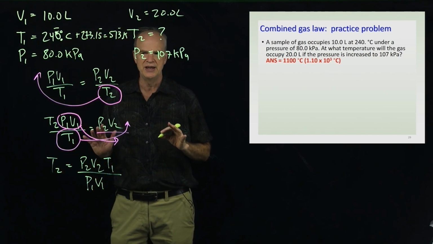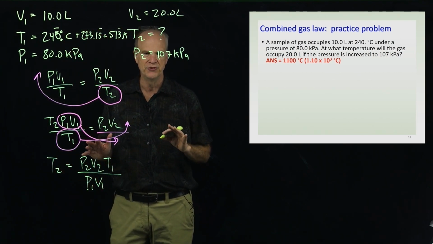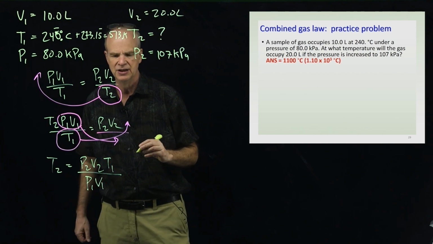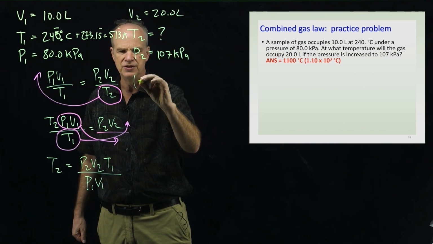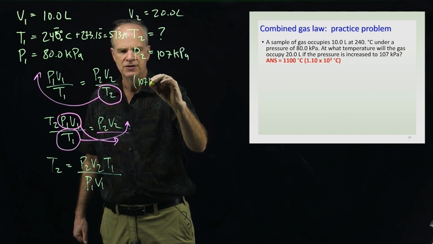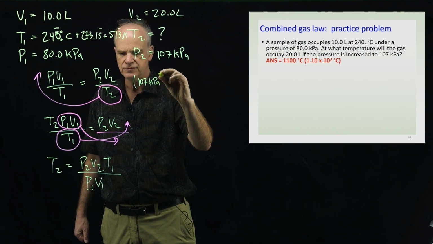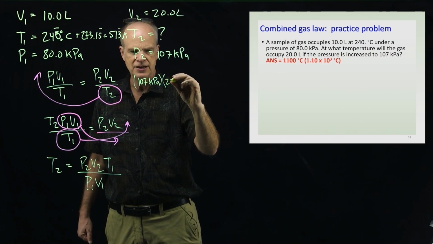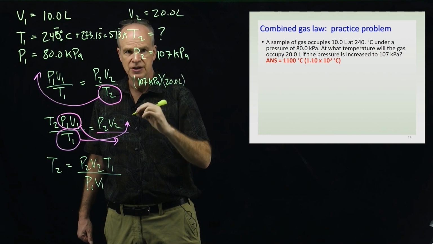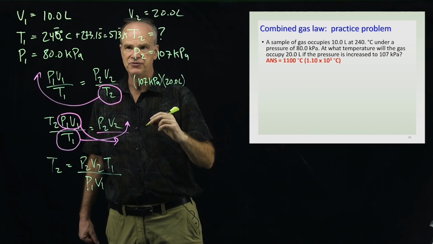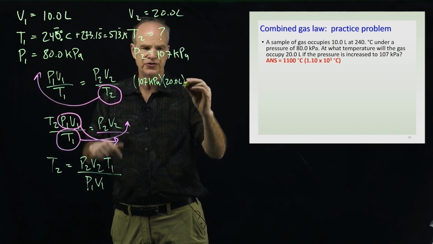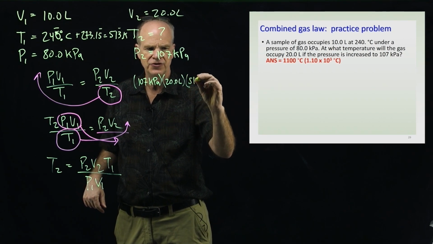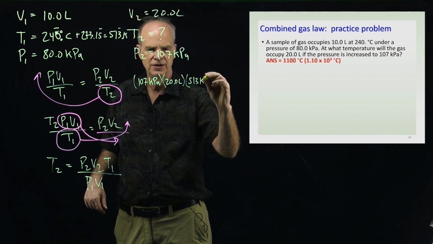Okay, so let me just go ahead and plug in some numbers and confirm that the units cancel as expected. So P2 is 107 kilopascals, and V2 is 20.0 liters. And we also have T1, which is 513 Kelvin.